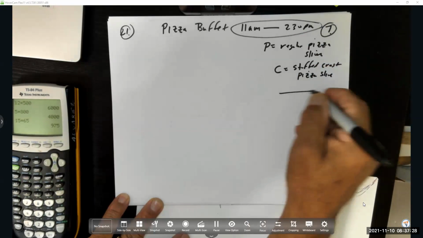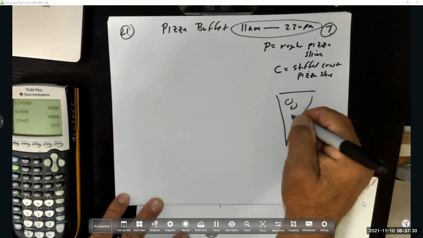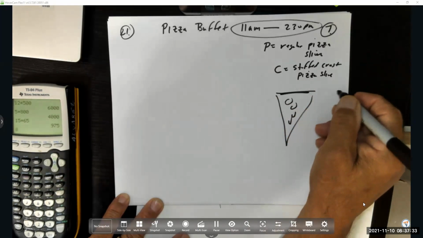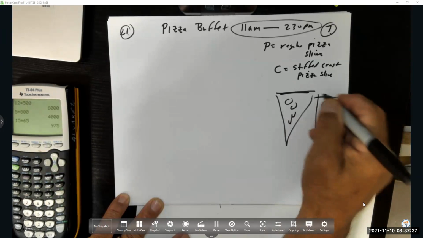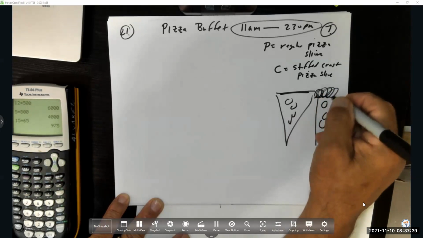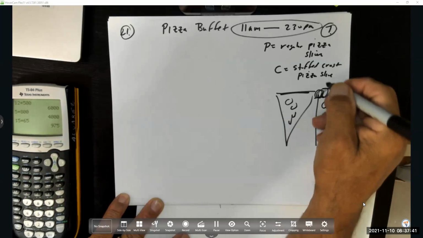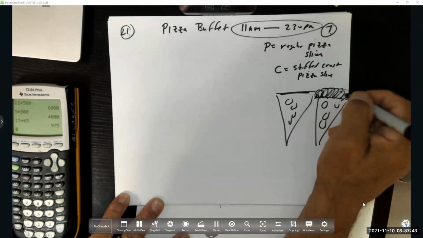The regular one looks like this, has pepperonis on it and a little crust. The other one has all this stuff, and over here it has a bunch of cheese in there, or bacon or whatever they put in there.